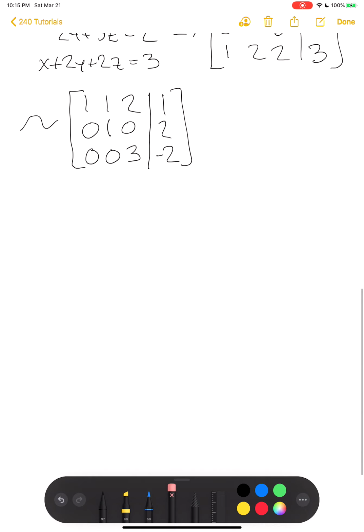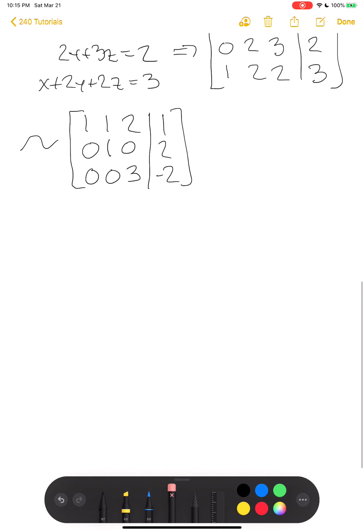So now I can read off my systems of equations. The top row reads x plus y plus 2z is 1. I have y is equal to 2. And I have 3z is equal to minus 2.